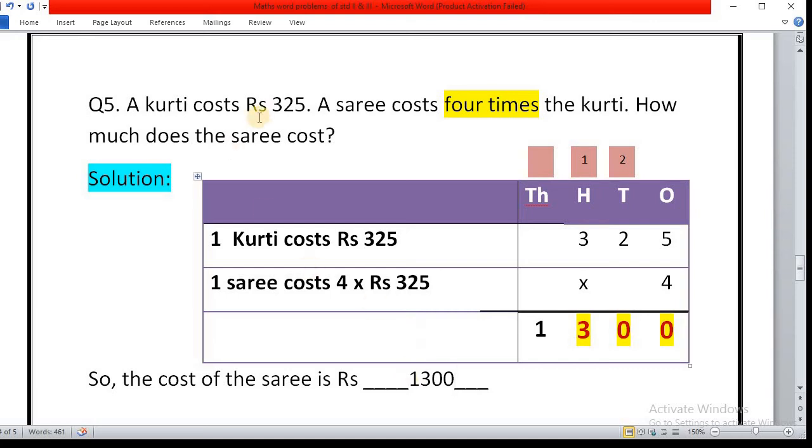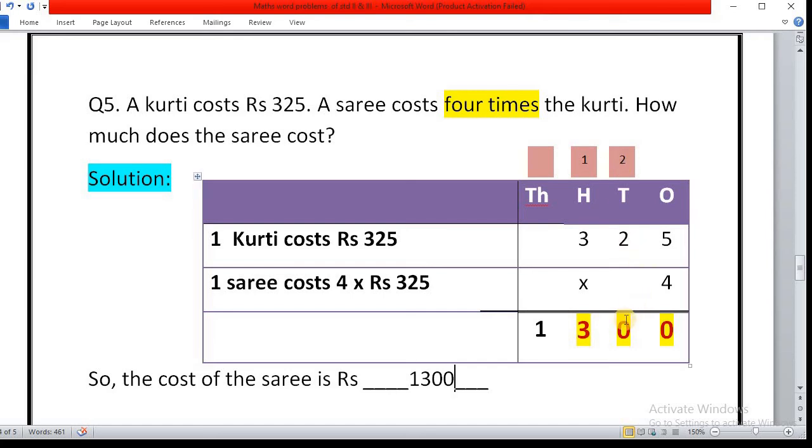Let's do this again. One kurti cost rupees 325 and one sari cost 4 times the cost of kurti. So I have multiplied by 4. First step, I have multiplied 4 with 5 in ones place. 4 5s are 20. I have written 0. 2 is carried on in tens place. In second step, I have multiplied 4 with 2 in tens place. 4 2s are 8.